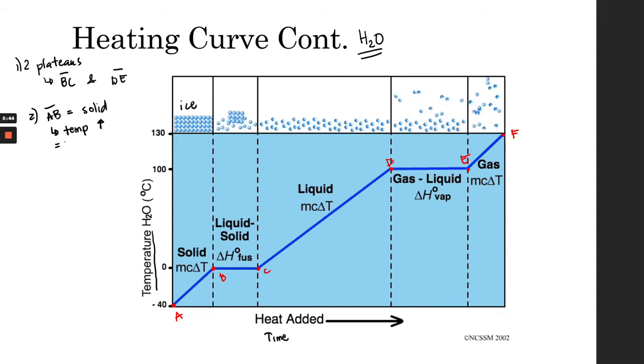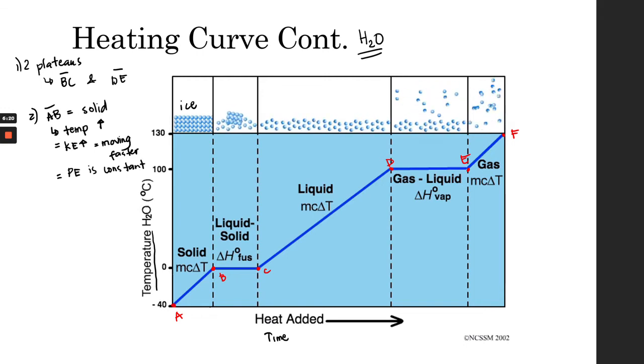So the kinetic energy of the particles is increasing, meaning they are moving faster and faster. They start vibrating and shaking. The heat that is being added from A to B is being used to increase the temperature. What that means is that the potential energy is constant at this point.